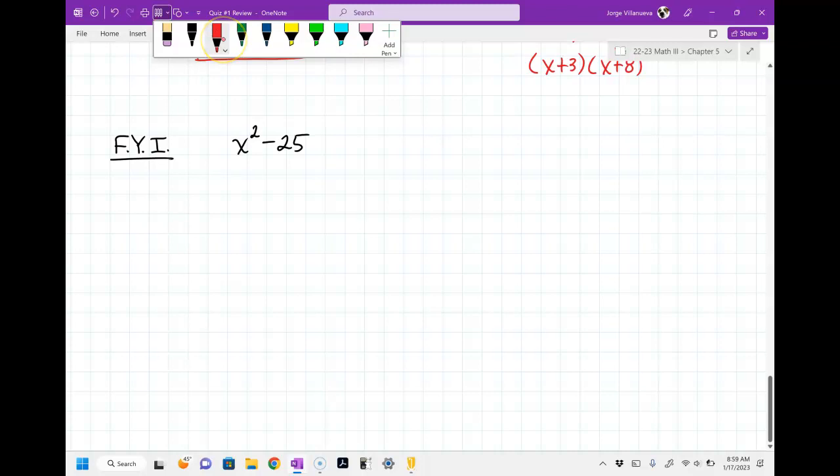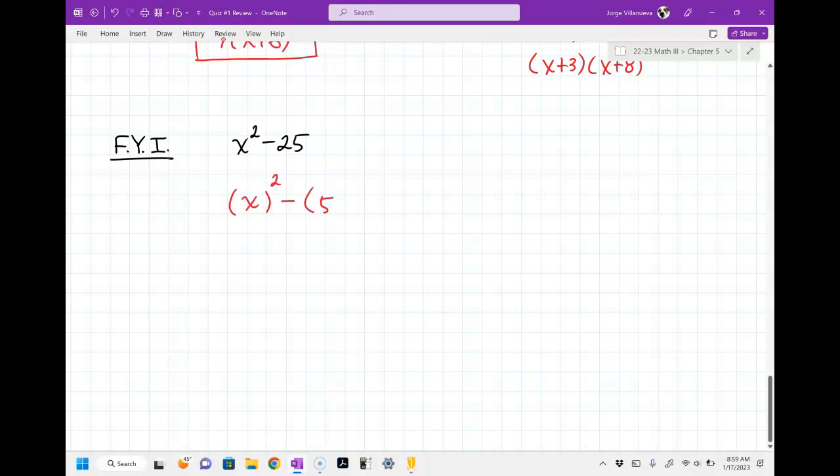So I can write this as x squared minus 5 squared. Okay, I can do that. So if I can do that, that means I can factor it. x minus 5, x plus 5. And then I'm done.